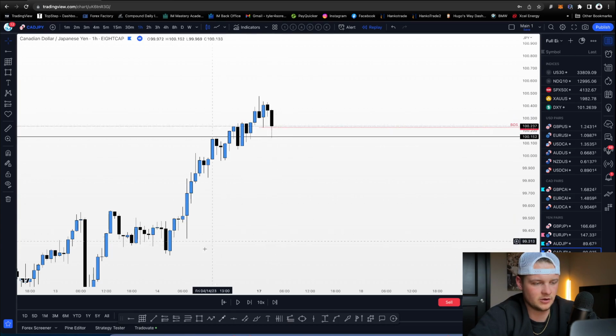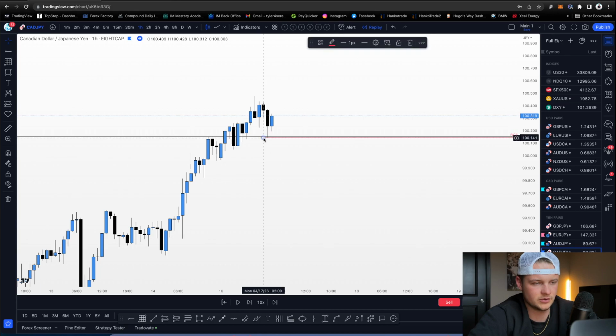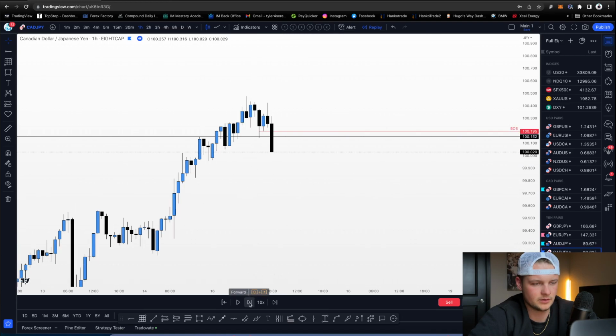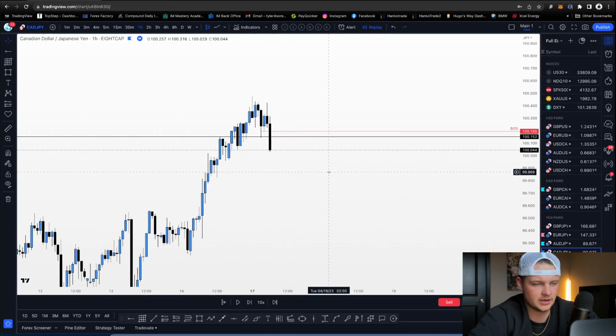Price comes down, doesn't close below, so no break of structure yet. Still doesn't close below, no break of structure. However, we'll use this as the new low. Okay, we can move that low back up to this new sequence. And then boom, there would have been that break of structure right there.